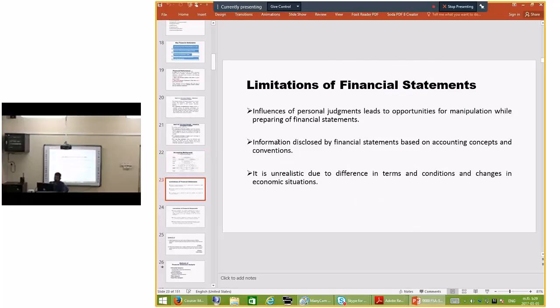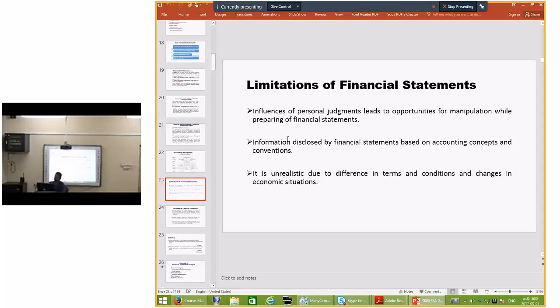Then limitations of financial statements and financial statement analysis. Actually, the limitation of financial statement analysis directly depends on the limitations of the financial statements. We are going to analyze details in the financial statements. If there are some issues, then again we have limitations in that analysis, right?